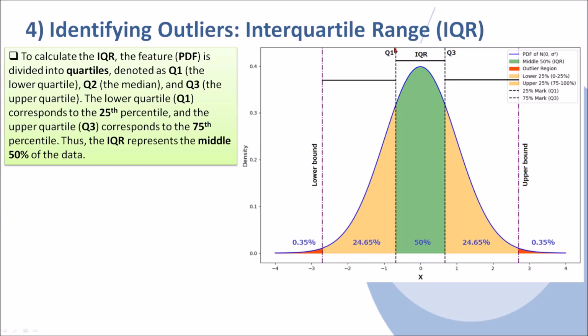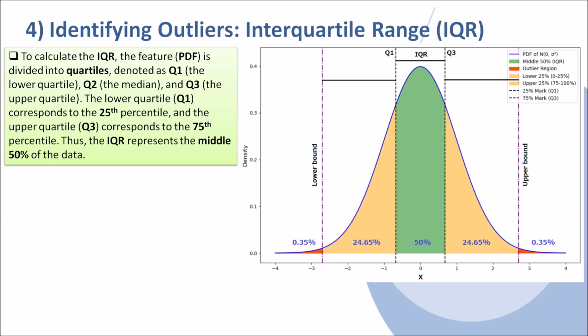This is the borderline of the lower quartile, which corresponds to the 25th percentile. Namely, this Q1 line is located at the 25th percentile of the whole probability density function. Namely, from the beginning to this Q1 line, this amount occupies 25% of the data in the case of a normal distribution.